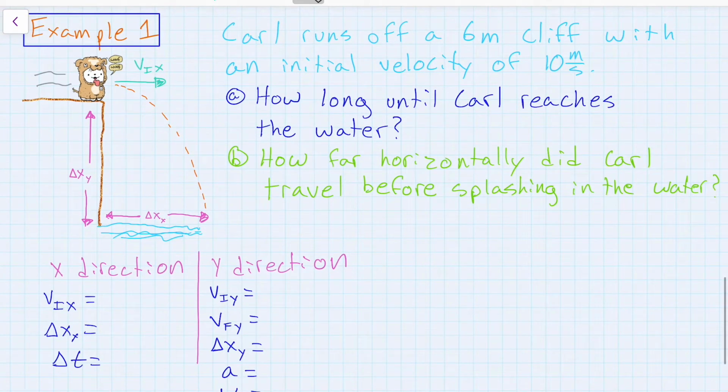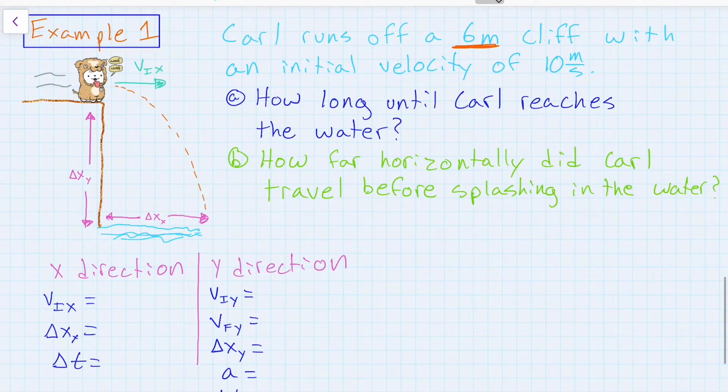So let's break apart this problem right here. Carl runs off the cliff, and the cliff is 6 meters tall. So if Carl's jumping off the top of the cliff, he's going to fall 6 meters. So that is actually our vertical displacement. That is our delta x in the y direction, and that is 6 meters.